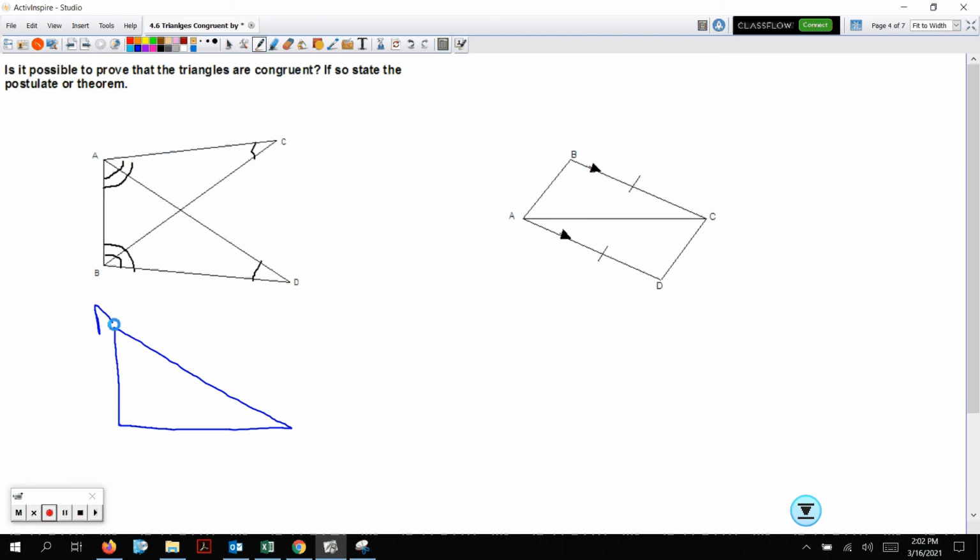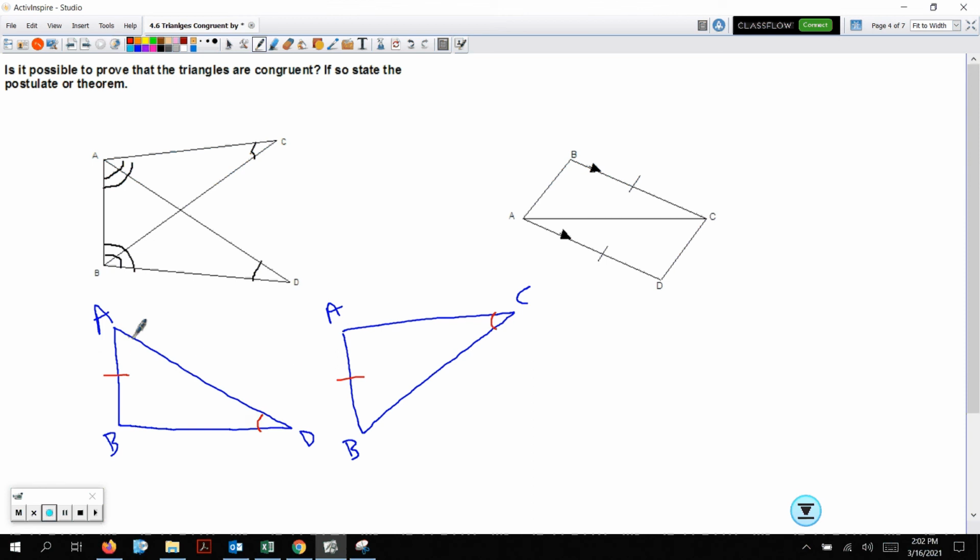This is A, B, D. And then we have C, this is A, and this is B. All right, well, we know AB is congruent to AB because they're vertical angles, right? I mean, not vertical, that was silly. They're reflexive sides. They share the same side, that's reflexive. So AB is congruent to AB. And then in the image, C is congruent to D, that's given information.